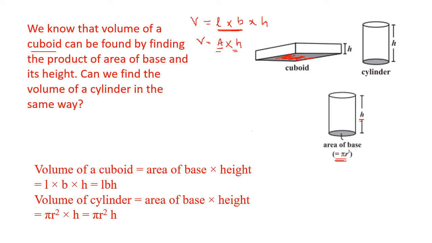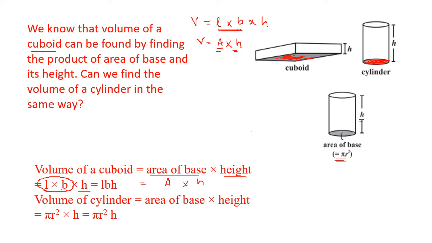So volume of cuboid is given as area of base, that is capital A, into height, which is L into B into H. So we can write this area of base is L into B, that is A into H. Now the base of the cylinder is in the form of a circle. You can see this, the base of the cylinder is in the form of a circle.